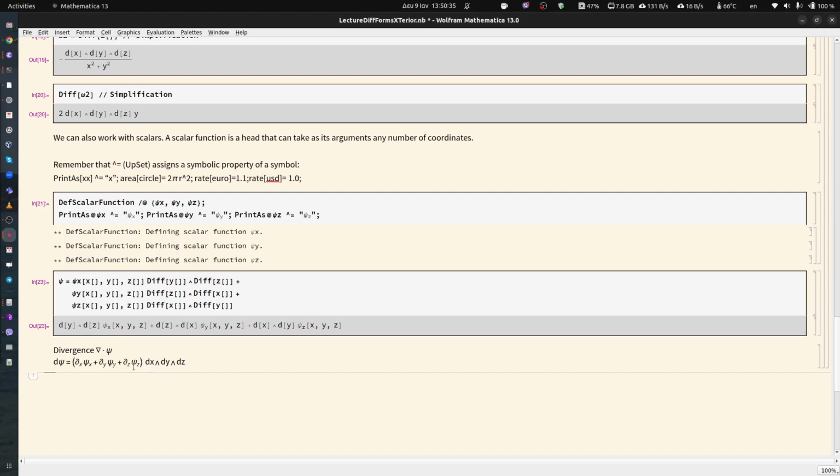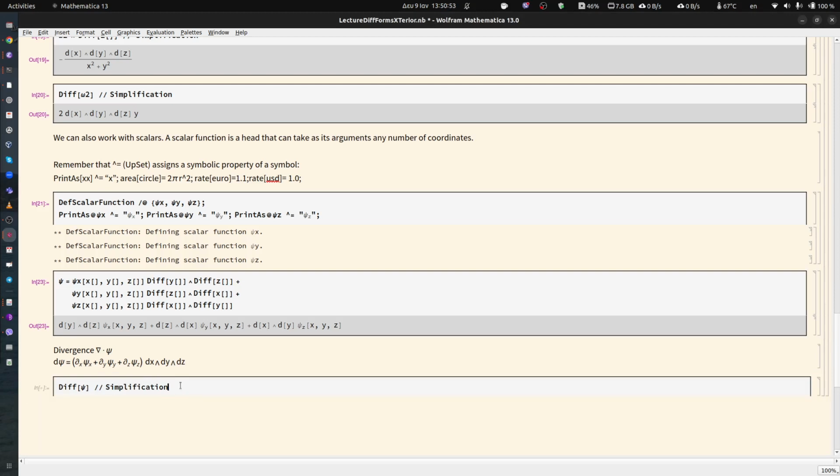We know that the exterior derivative of this form is related to the divergence of a vector with components psi x, psi y, and psi z. Let's look at this and verify.